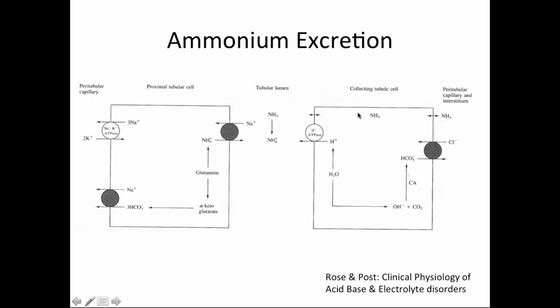In the collecting tubule, the ammonia diffuses through the cell and can be released through the cell membrane, and the H plus ion that is secreted by the H plus ATPase will combine with this ammonia that is floating through the medulla and the medullary collecting ducts, and make an ammonium ion, and the bicarb that is generated will get reabsorbed by the same chloride bicarb exchanger.